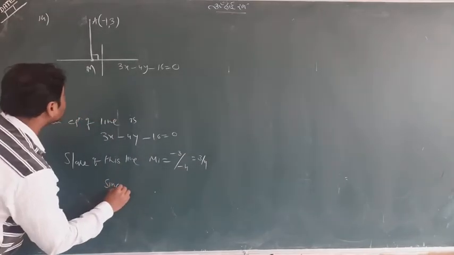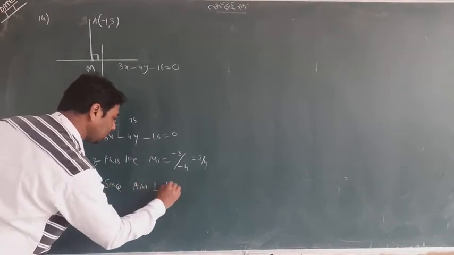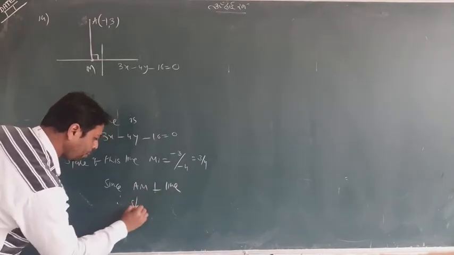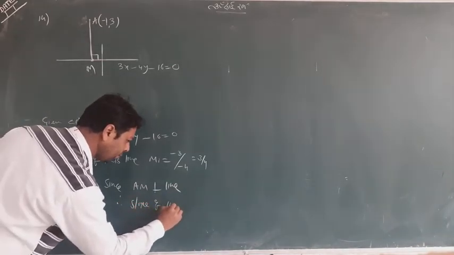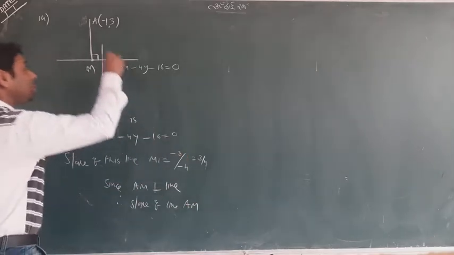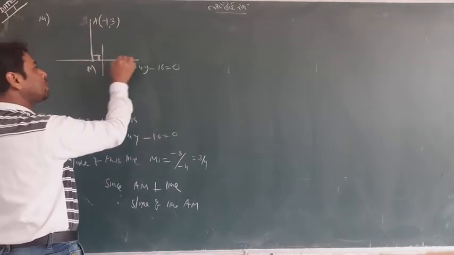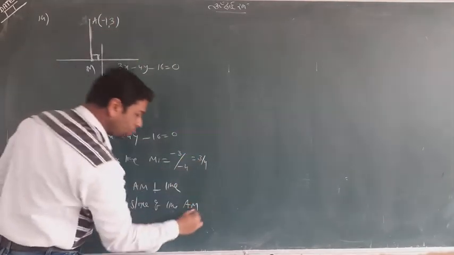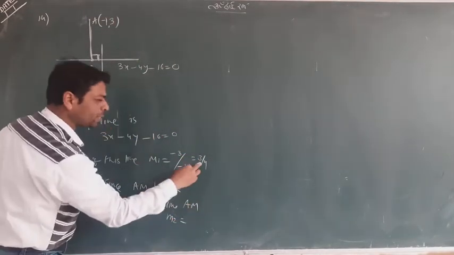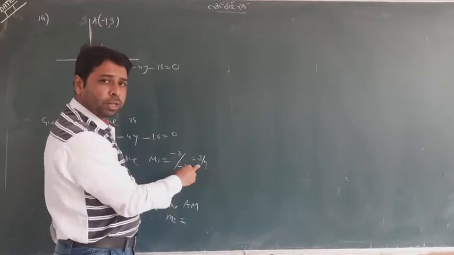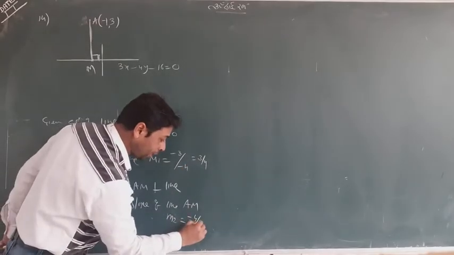Since AM is perpendicular to this line, so the slope of AM, it is line AM. And these two are perpendicular. So you know the slope of this line, you can find the slope of this line. So it is called M2, and the slope of this line will be, as I taught you, make a reciprocal and with the opposite sign, meaning minus 4 by 3.